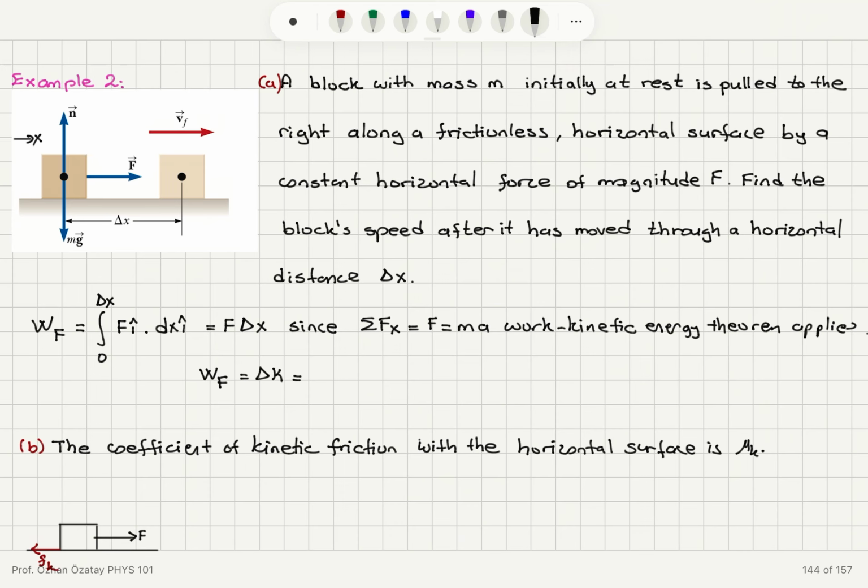What is the final kinetic energy? 1 over 2 m v final squared. What is the initial kinetic energy? Because it was initially at rest, it is 0. So this is going to be equal to F times delta x. Therefore, we find that the final speed of this block should be the square root of 2 F delta x divided by m.